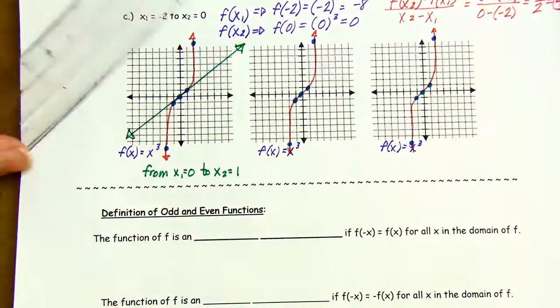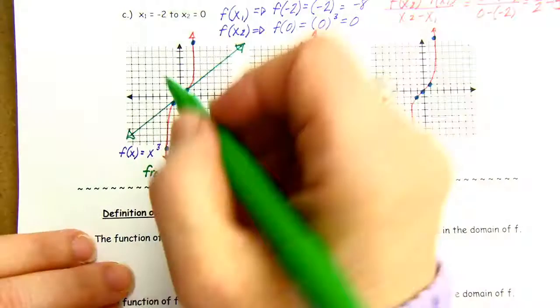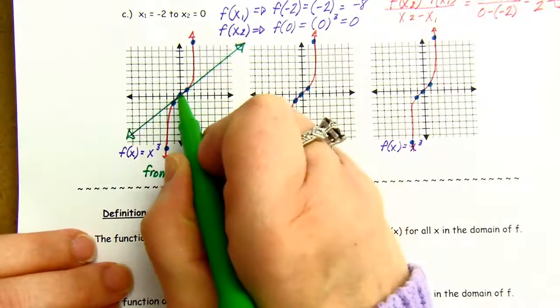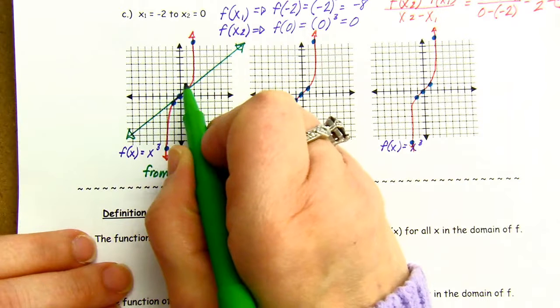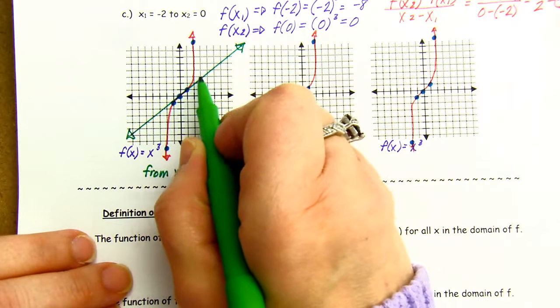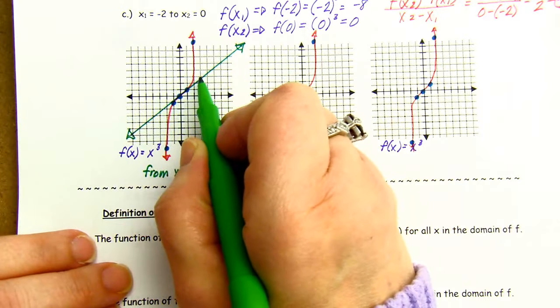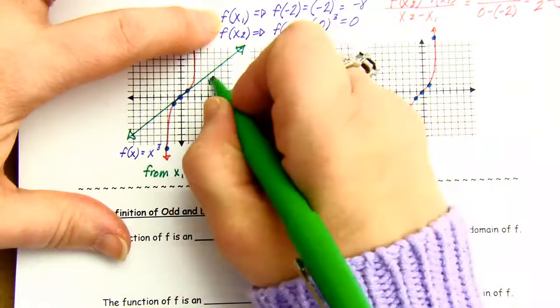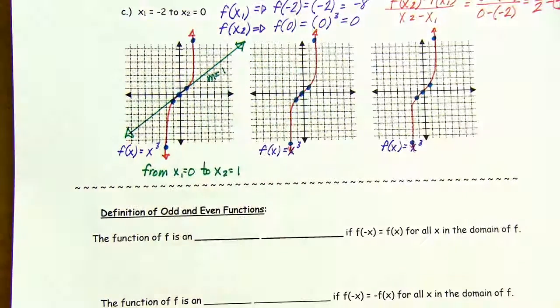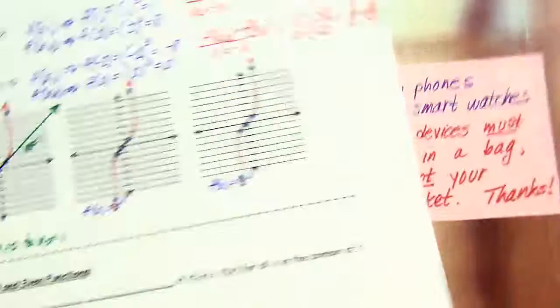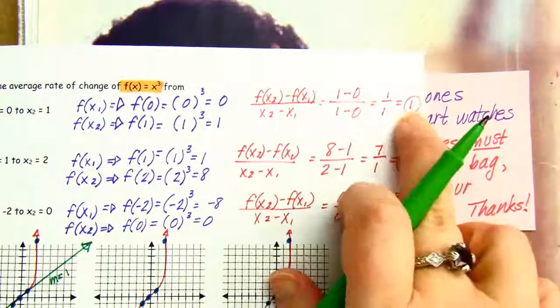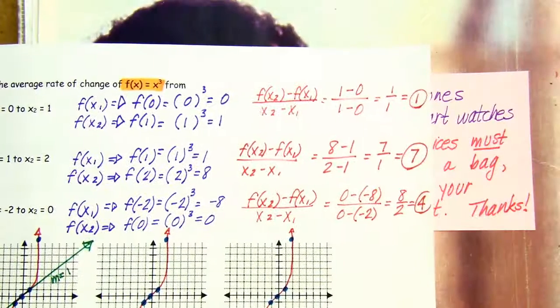And now I'm going to look at the slope of this line. From this point to this point, I rise 1 and run 1. So guess what? The slope of this is 1, which matches the algebraic computation of the slope of the secant line.